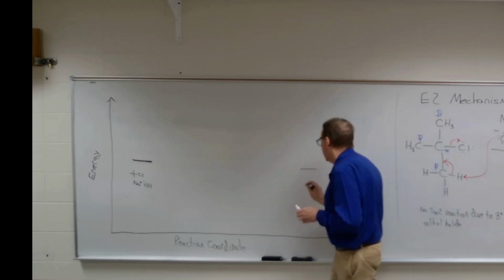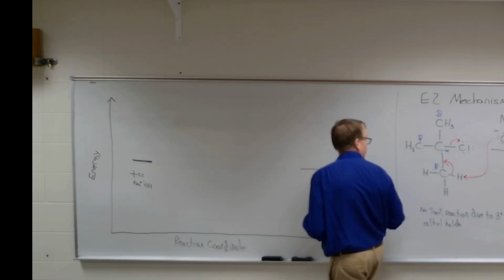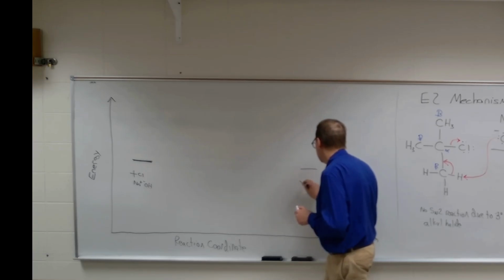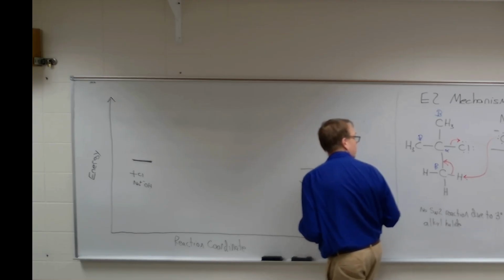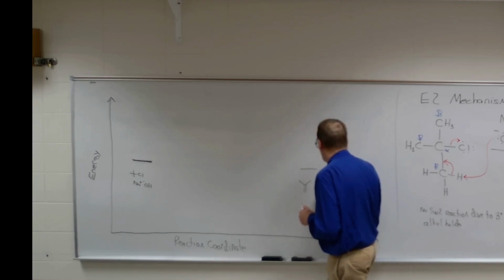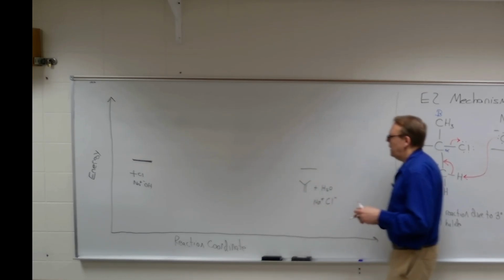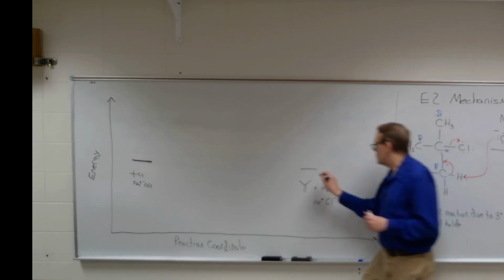But right now, let me draw in the products here. One of the products is the alkene. Another product is a water molecule, and a sodium chloride. So they have a particular energy, which I'll sketch here.